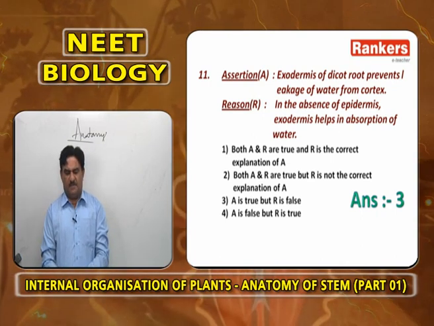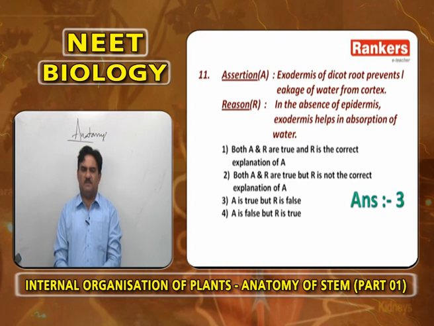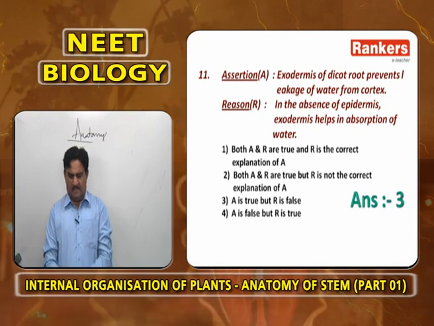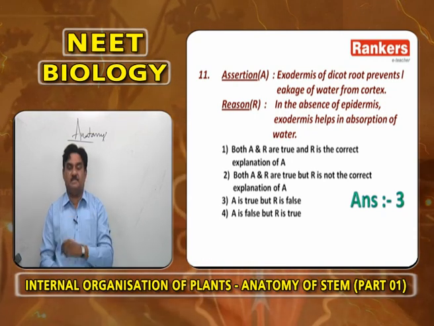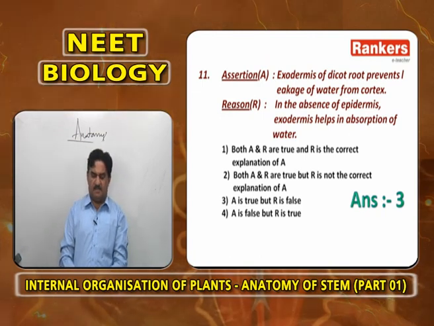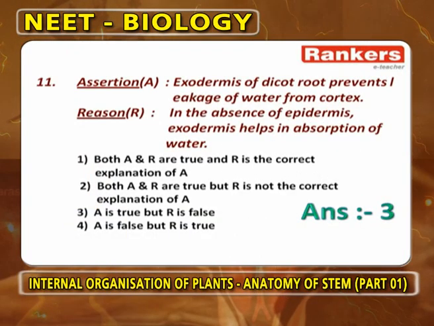This is wrong. So the assertion that exodermis of dicot root prevents the leakage of water from cortex is correct, but the reason is wrong. So the answer is A is correct but R is false. The third option will be the answer for this assertion and reasoning question.